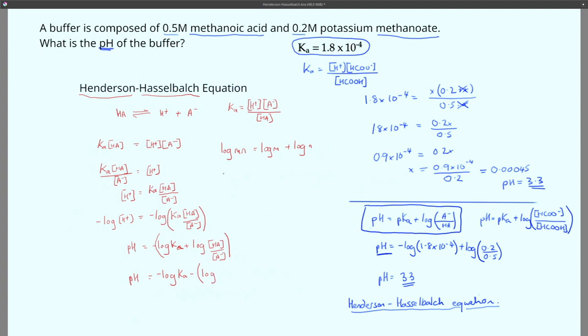Now this one here is a different rule, which is the division rule. If you've got m over n, then that gives you log of m minus log of n. So let's change that: minus log of A minus.